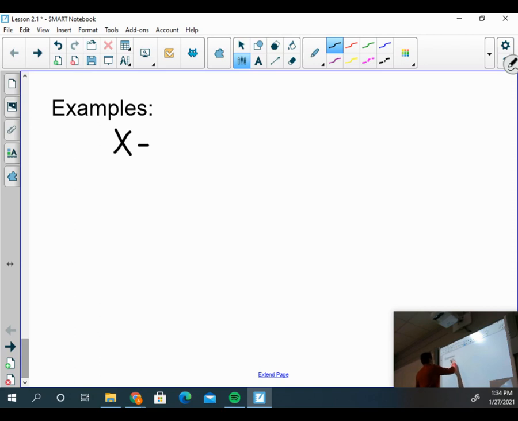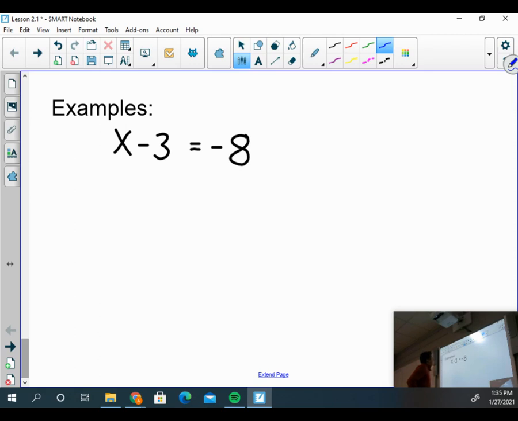Let's do the equation x minus 3 equals negative 8. What I'm trying to do here is identify what value of x makes this equation true. Well, because it's a fairly simple equation, I could just try and think about it. But let's not do that because, again, there could be more complex equations out there.